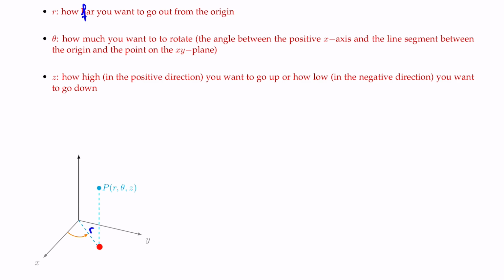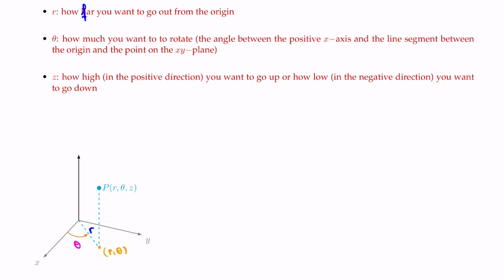So this is the point on the xy plane, and this is the point of the form r, theta. And z is, from this particular point, how high in the positive direction you want to go up, or how low in the negative direction you want to go down. And that's how you obtain the point in the cylindrical coordinate system.